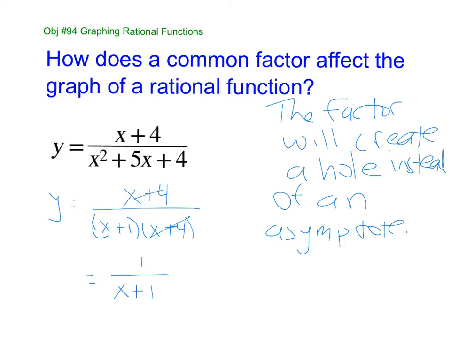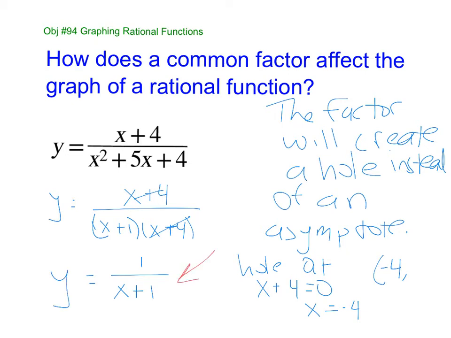However, the original function still had that 4 in there, so there is a hole at x plus 4 equals 0. At x equals negative 4, there's a hole, and that point is negative 4 comma, if I plug negative 4 into this, negative 1/3.